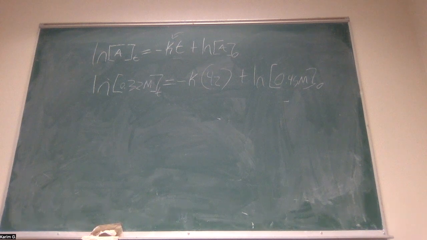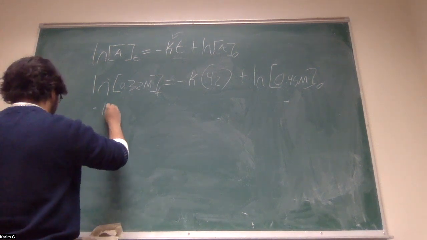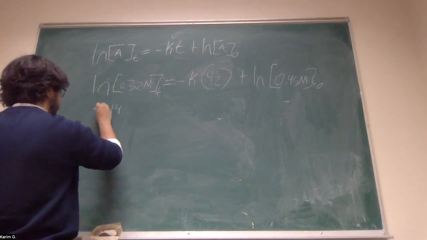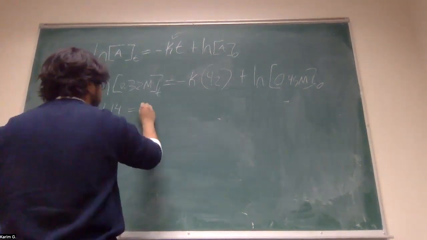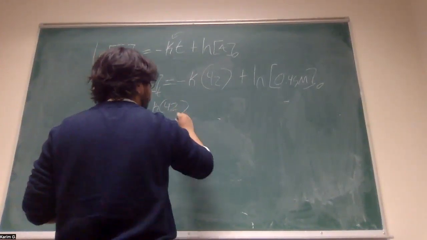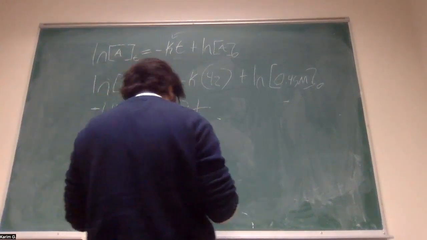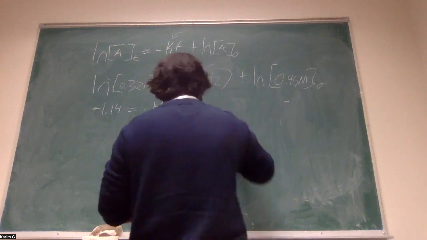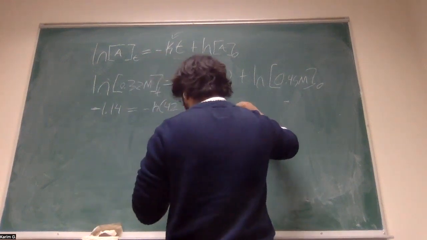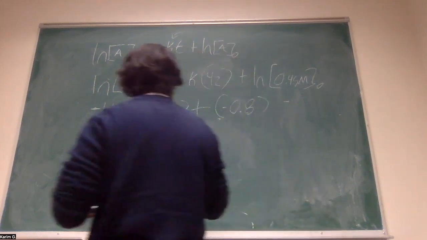So all we have to do is just solve for K. Okay, so then the natural log of 0.32, I got negative 1.14, is equal to negative K times 42. And then the natural log of 0.45 is negative 0.8.